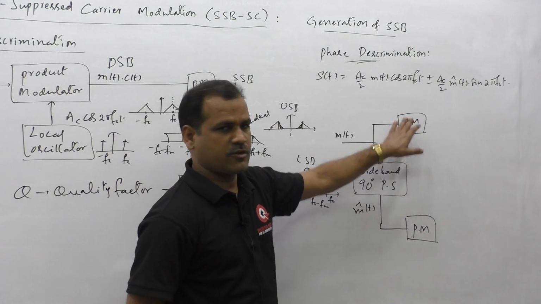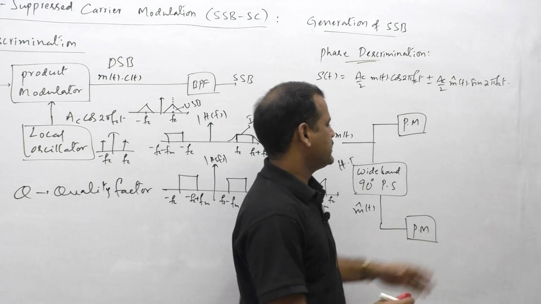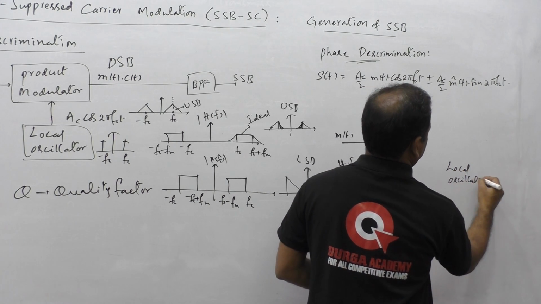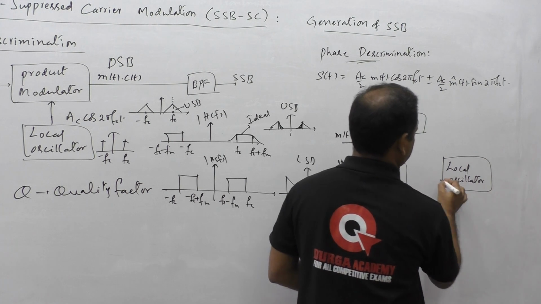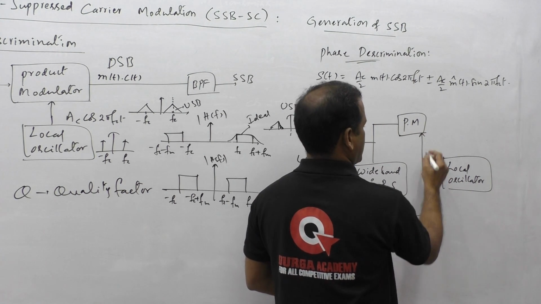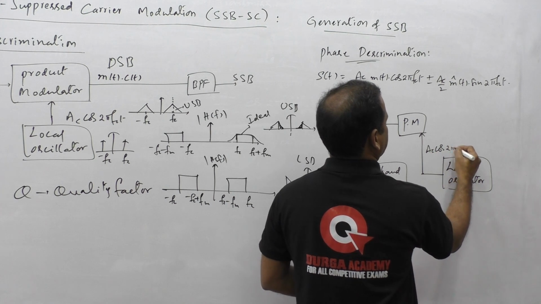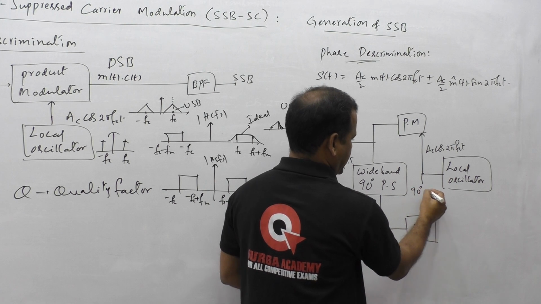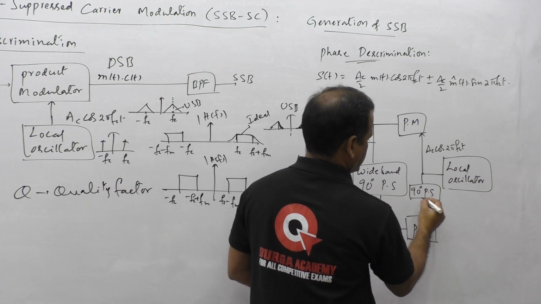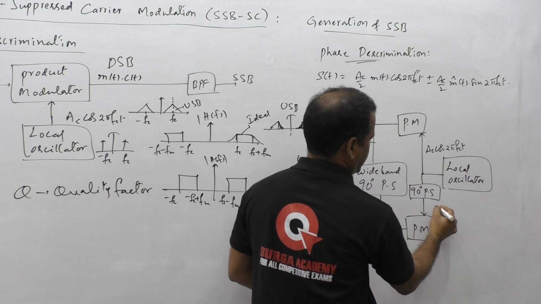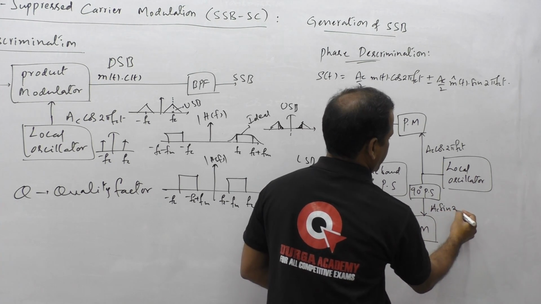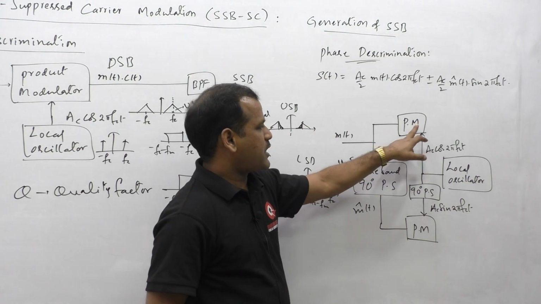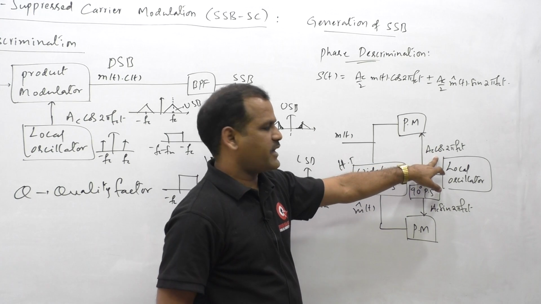So we are using two product modulators here to generate two different terms, and a local oscillator generates the high frequency carrier signal, which is directly applied to the upper product modulator with Ac cos 2 pi fct here, and it is also taken to the 90 degrees phase shifter, so that at the 90 degrees phase shifter output we get Ac sin 2 pi fct. In the upper product modulator, the message signal is multiplied with Ac cos 2 pi fct.